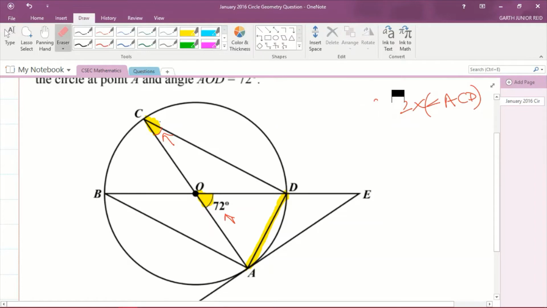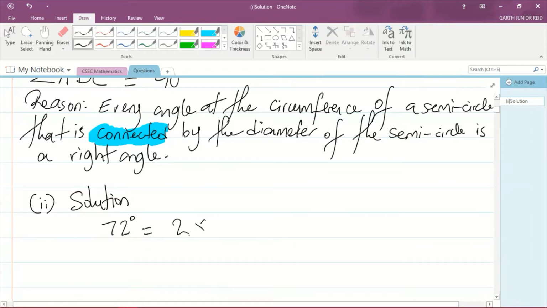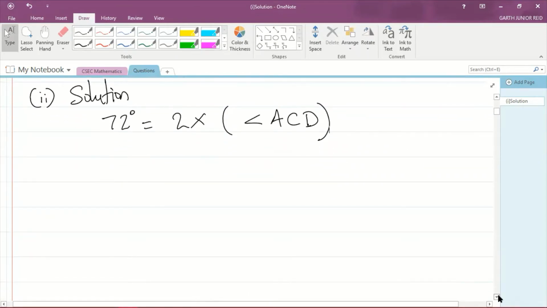So let's just do that over on the other page here, all right? So we are saying, let me erase this. So we are saying that the 72 degrees is equal to 2 times the angle ACD, good. So I want the angle ACD on one side of the equation, so I need to now divide both sides of the equation by 2.